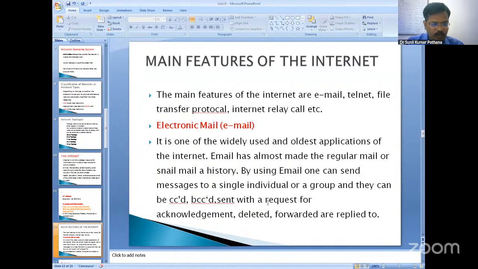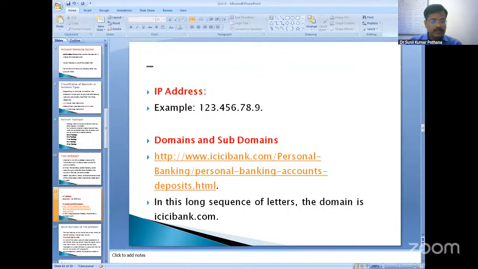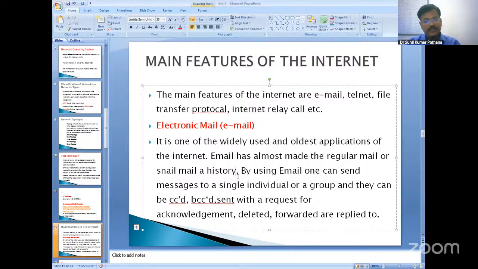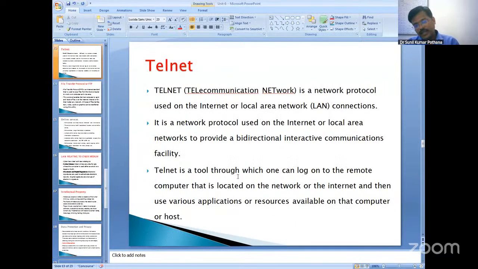Let us discuss the main features of the internet. We have already discussed email in our earlier session, and now look at telnet. Telnet is a telecommunication network.